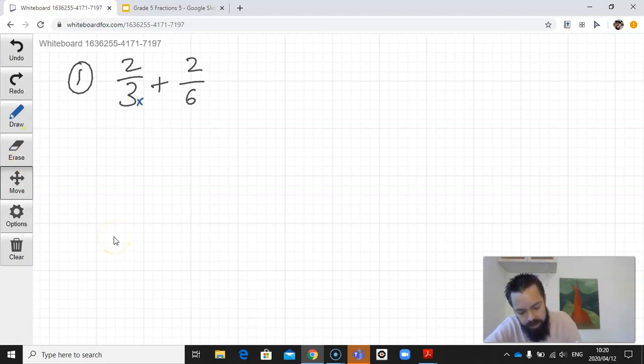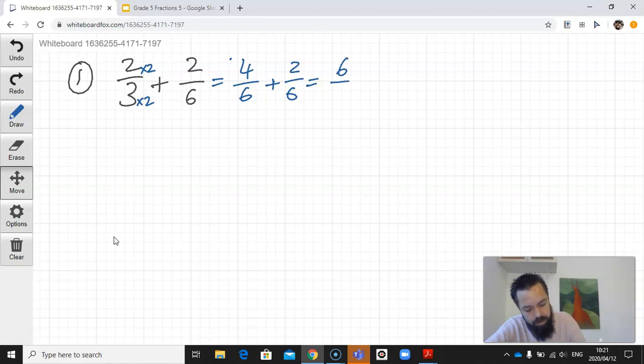So if I times this by 2 and this by 2, I get to 4 over 6 plus 2 over 6, which equals 6 over 6. And again, all I'm asking you to do at this stage is to notice that 6 divided by 6 is 1, and to add that extra step in where we write that it's equal to 1.